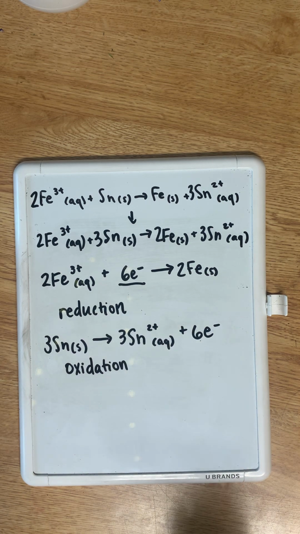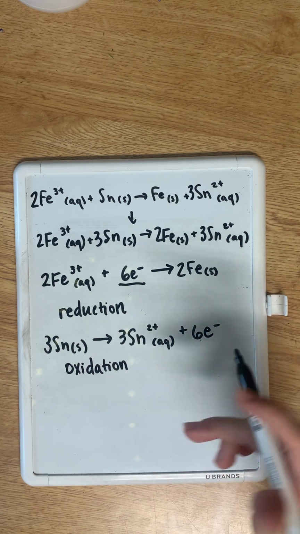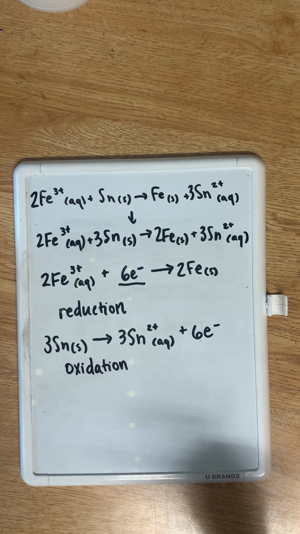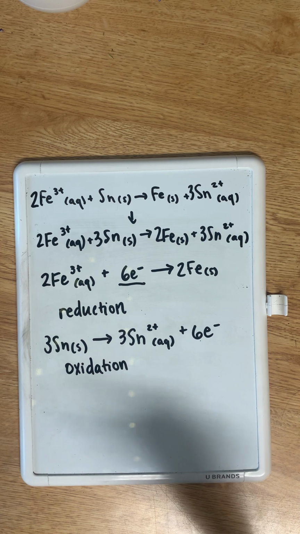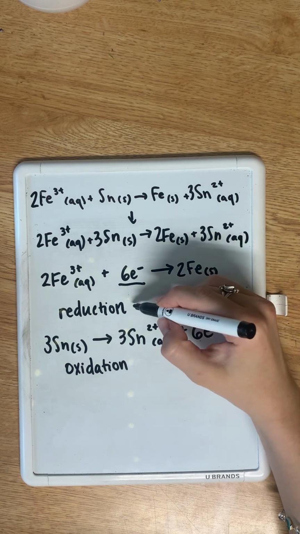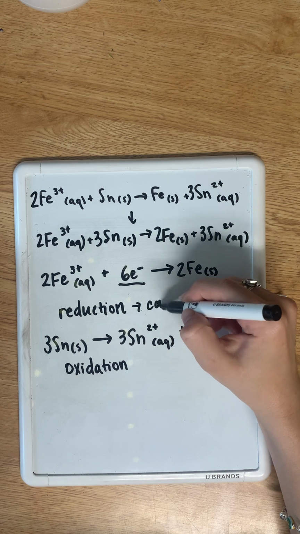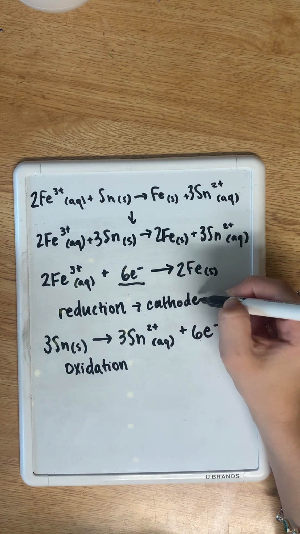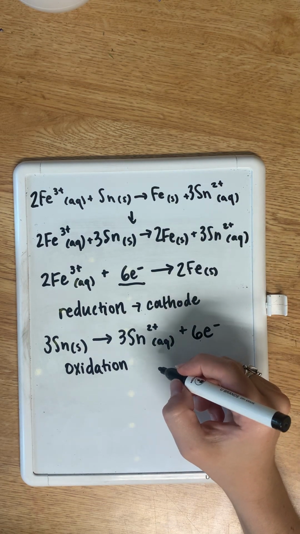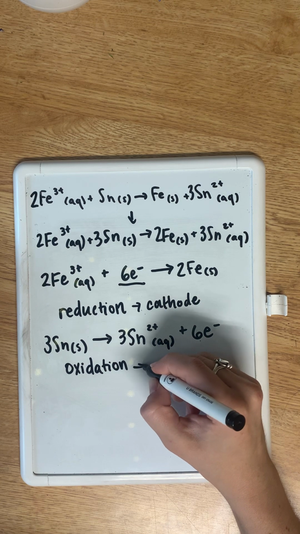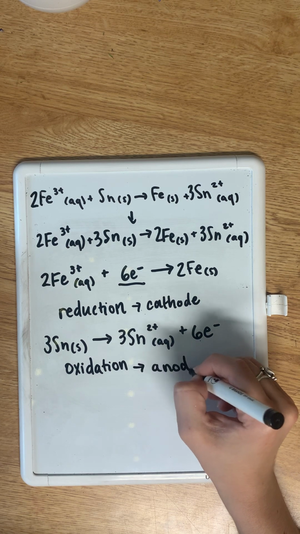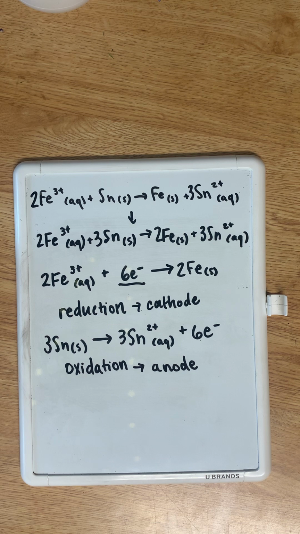Awesome. All right, and that will tell us which half reaction occurs at the cathode and which is at the anode. And we know that the cathode reaction is the reduction, and the oxidation will happen at the anode. Awesome.